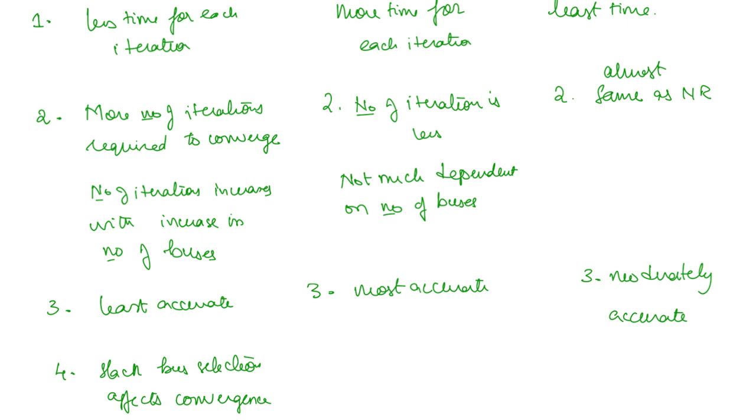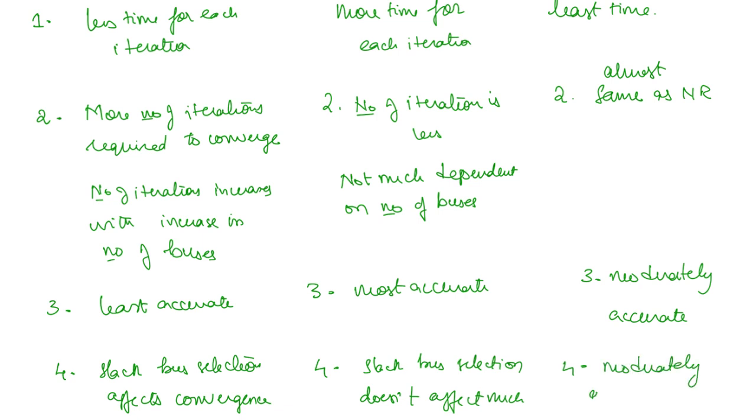Okay, so here it is not going to make much difference in the Newton-Raphson method. Okay, slack bus selection doesn't affect much, and in fast decoupled flow it moderately affects convergence.